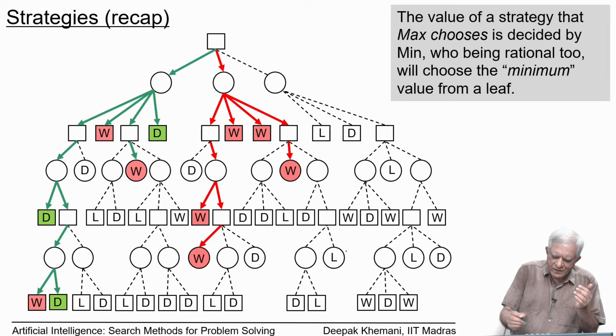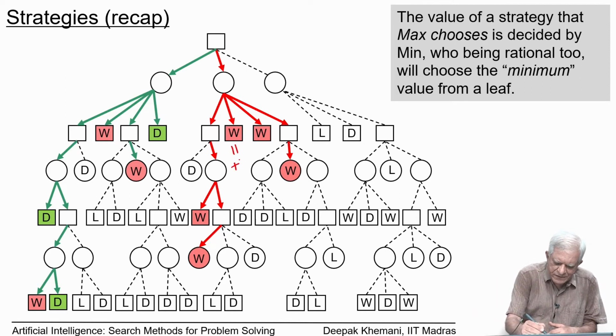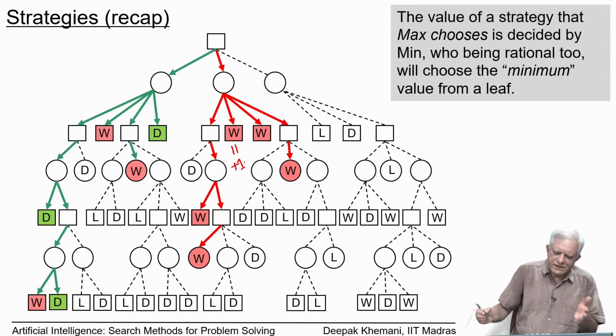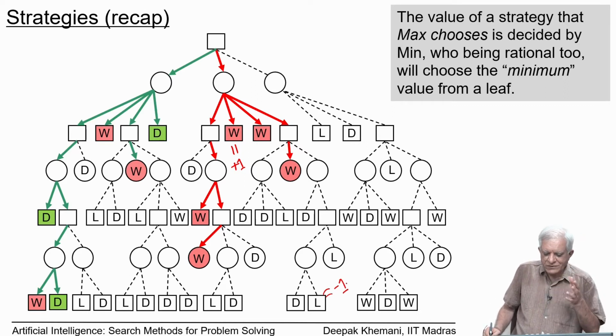Remember, W is the same as plus 1, and draw is 0, and we do not have L in any of max's strategies here, but if L was there somewhere, then that would be equal to minus 1. That is why max is trying to maximize the value, and min is trying to minimize the value. So, if you look at the strategy on the right, all the leaves are labeled with W, or a win for max.